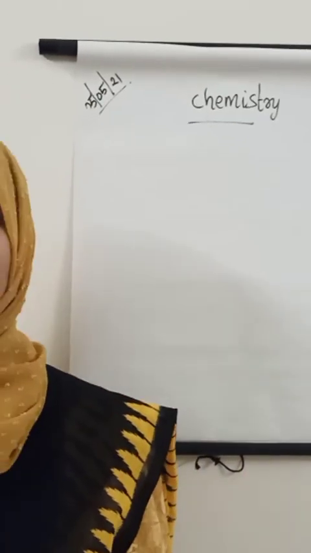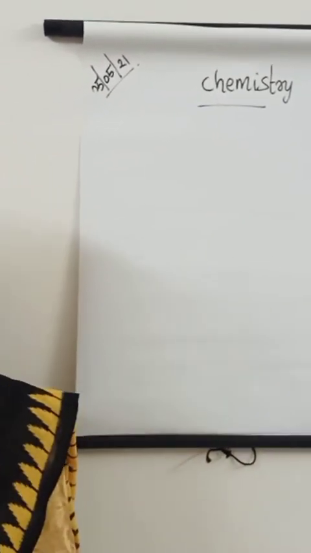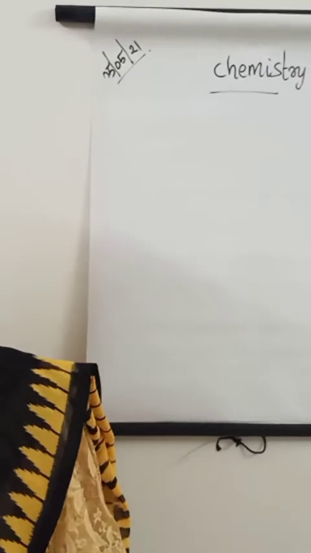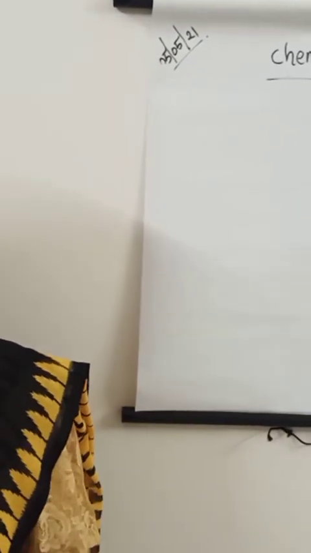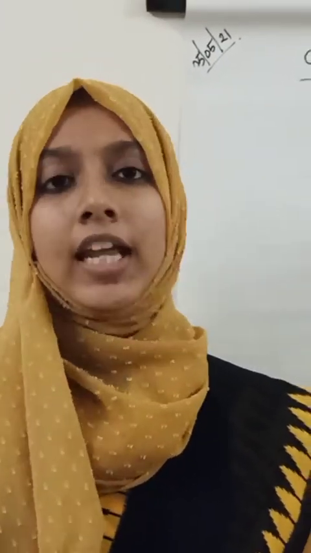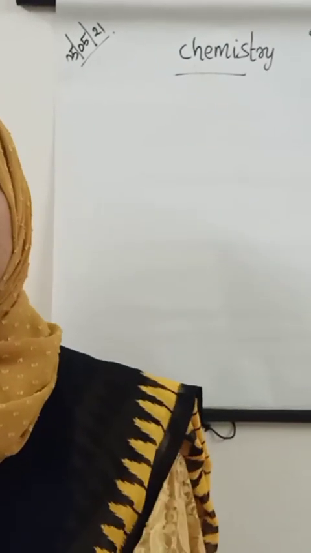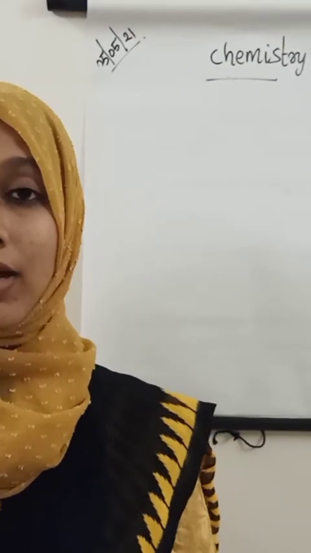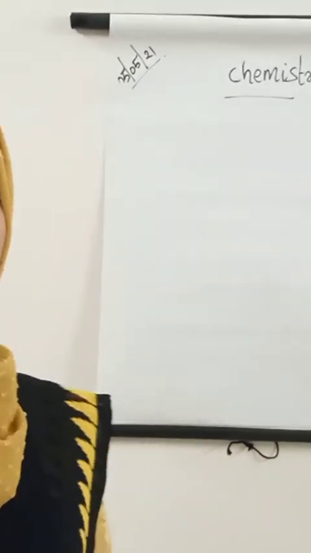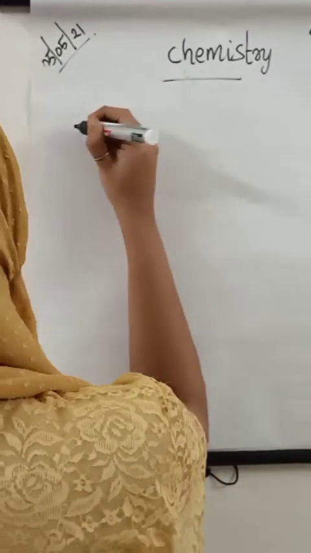Then we dealt with different types of chemical reactions, photochemical reaction and thermochemical reaction. And in that class we said that there are many other types of chemical reactions. So today we are going to deal with another chemical reaction, and that is the electrochemical reaction.